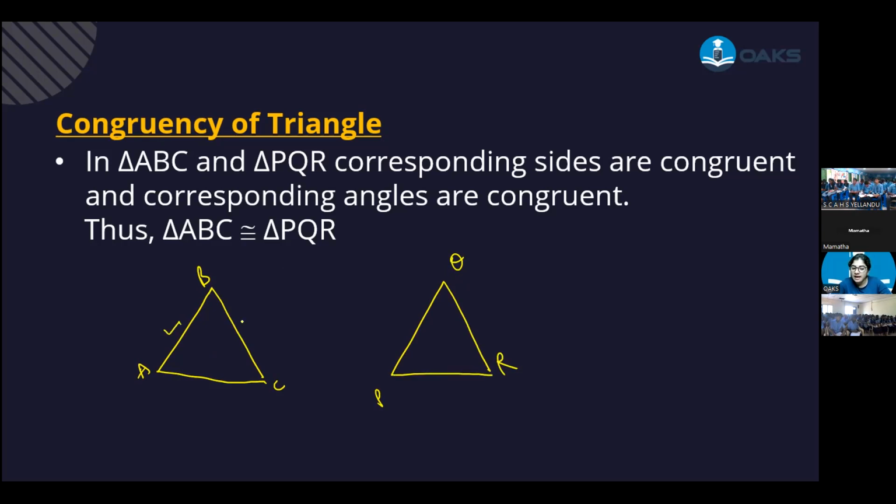If all the sides are congruent and all the angles are congruent to each other in the two triangles, we can say that these two triangles are congruent. So if and only if the sides and the angles are congruent, we can say that these triangles are congruent.